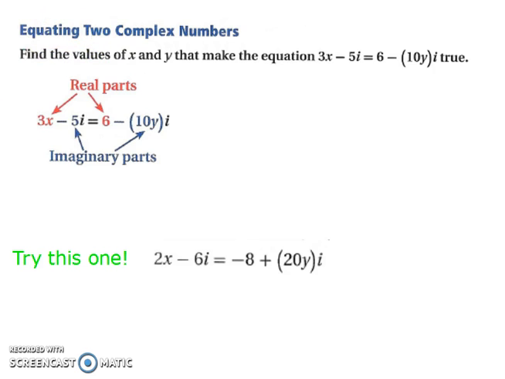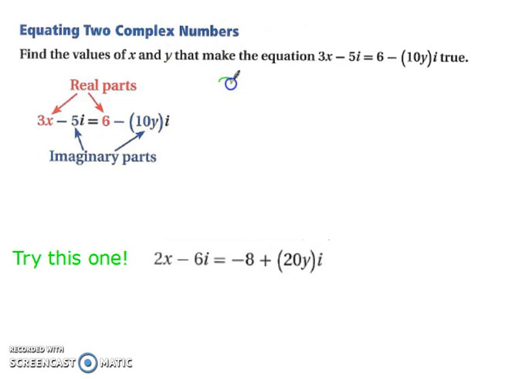So, equating two complex numbers. Find the values of x and y that make the equation 3x minus 5i equals 6 minus 10yi true. Just like the last slide stated, your real parts must be equal and your imaginary parts must be equal, so you're going to set them up separately.